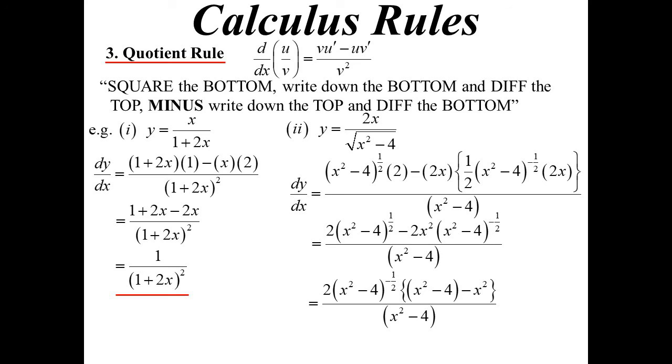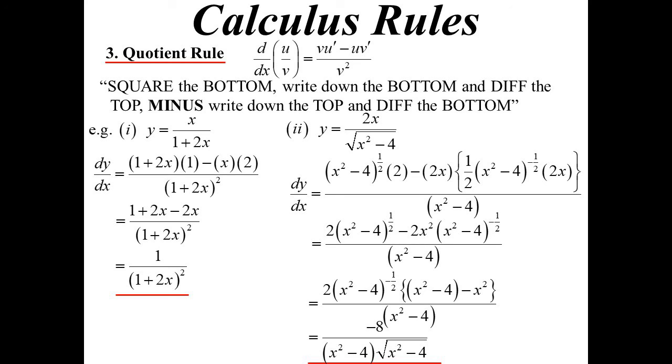So on the top of the fraction, the common factor is (x squared minus 4) to the minus half, which actually means that factor goes to the bottom of the fraction, or I haven't put it there yet. There's also a factor of 2, so we pull that out. Inside, we're left with x squared minus 4 minus x squared. There we go, there's our super mathematician answer. Minus 8 over (x squared minus 4) root (x squared minus 4).